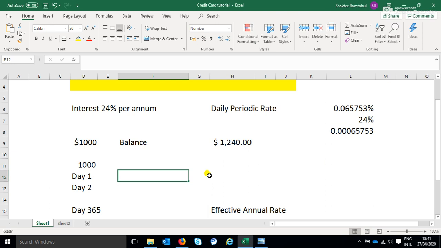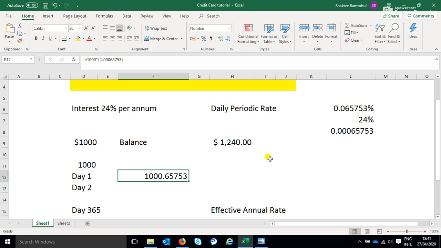So let's say you're accumulating this balance after the first day. What will happen is this. After the first day, your balance will become 1,000 multiplied by 1.00065753. So that's your balance after day one. And then after day two, you will take this balance and multiply by the figure again.